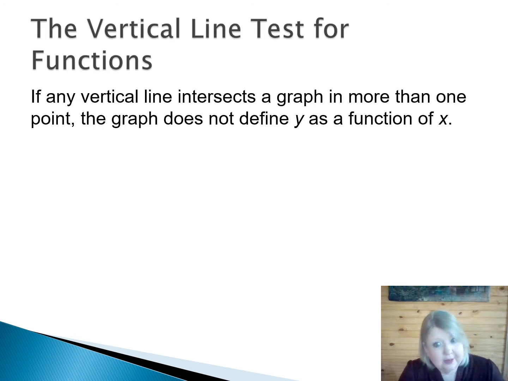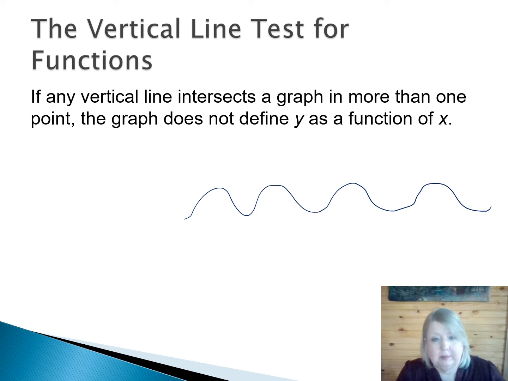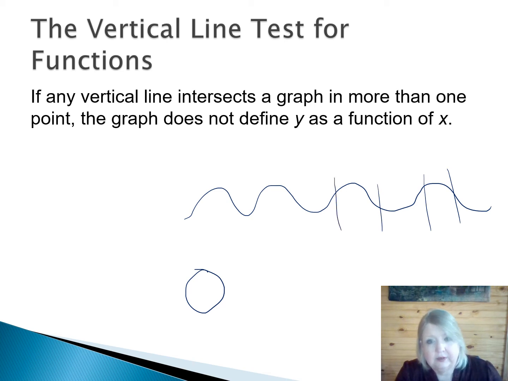Now for everybody's favorite question throughout the course, the vertical line test. What this says is that you can have a graph of anything, doesn't matter what. It can be a freaky wave, it can be an almost circle, but to determine if it's a function, if you drop a vertical line anywhere through the graph and you can't find a place where it touches twice, that is a function.